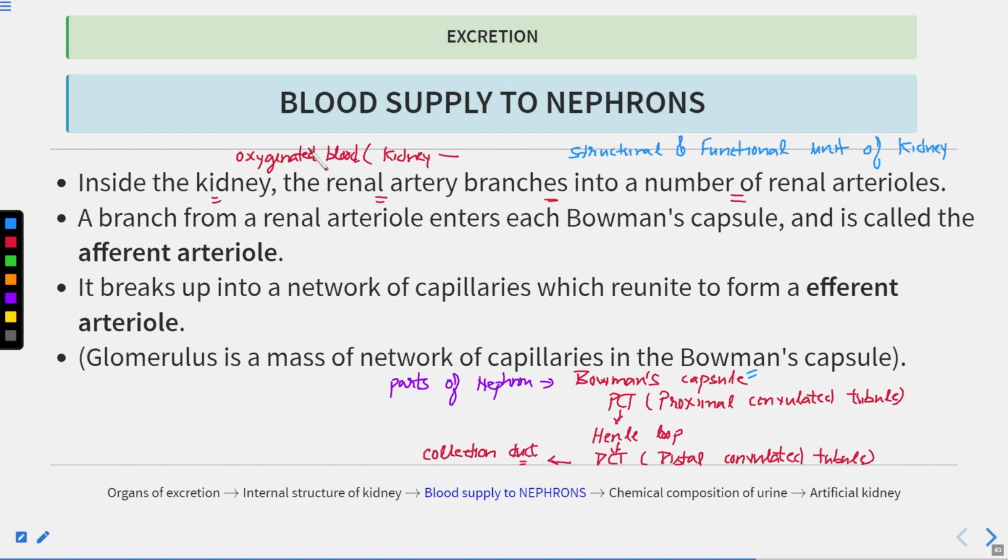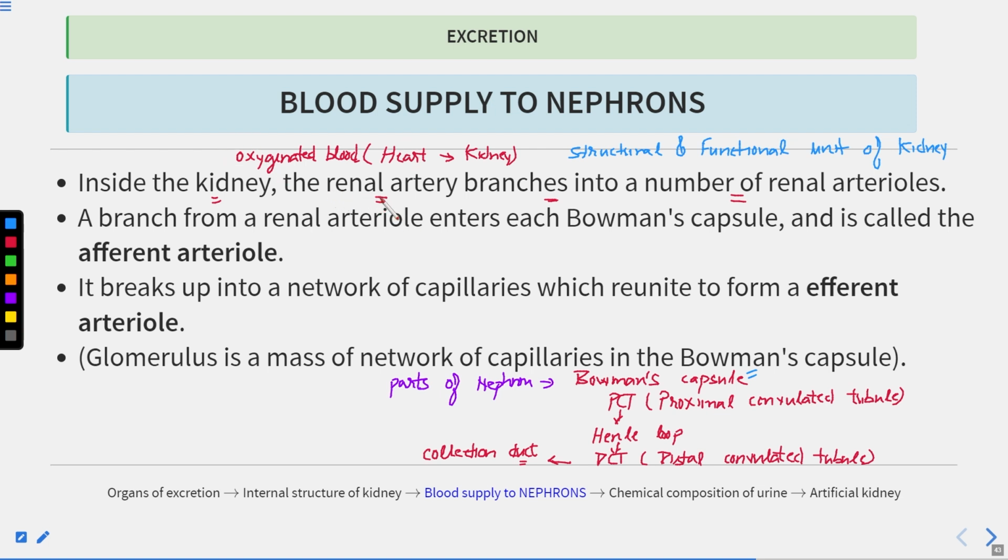It carries oxygenated blood from the heart, not the kidney, to the kidney. And there is one more blood vessel known as the renal vein. The renal vein is just the opposite of the renal artery.